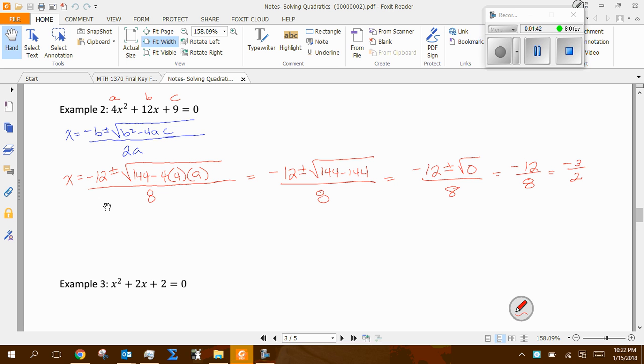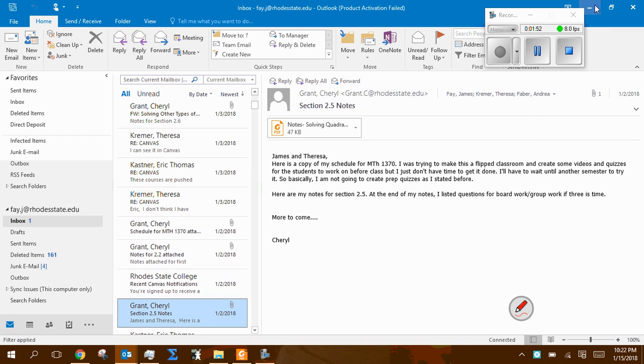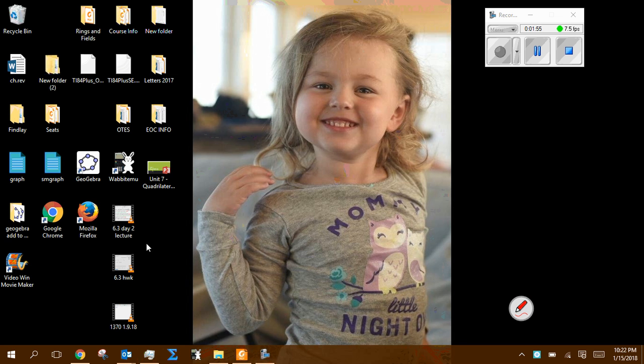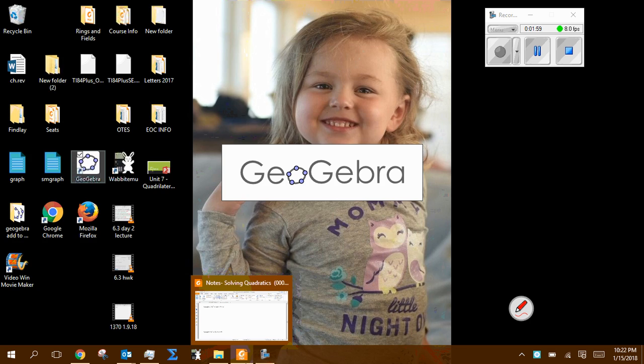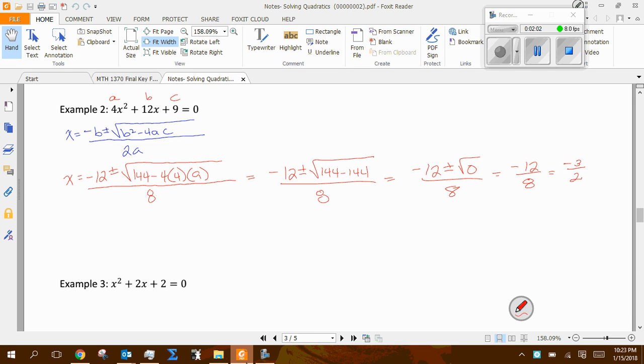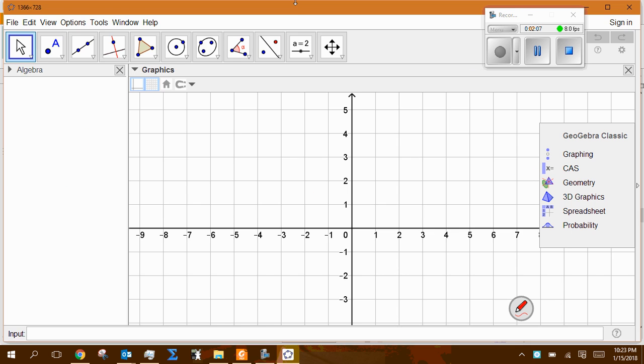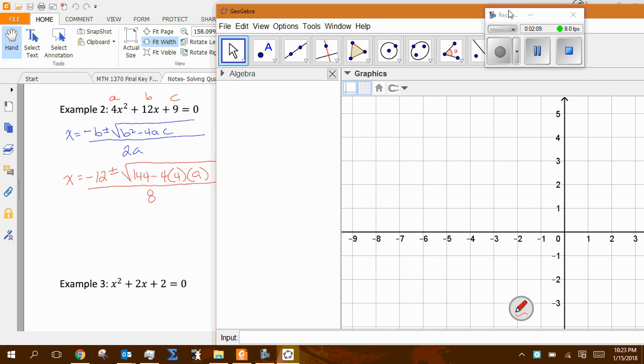That's kind of a unique function there. Let's take a look at that graphically. So we had 4x squared plus 12x plus 9.